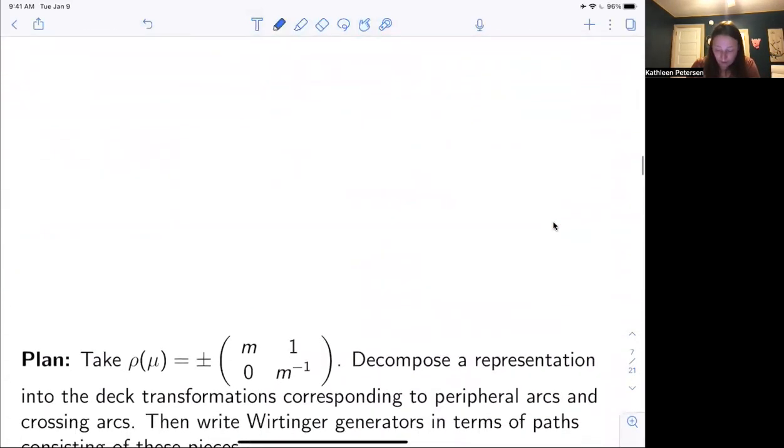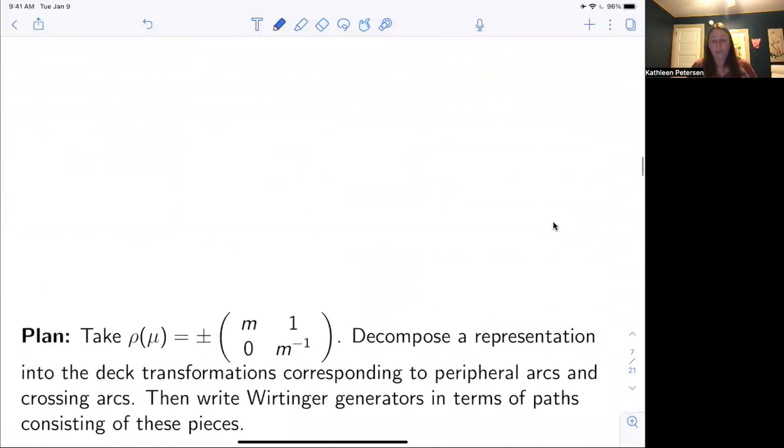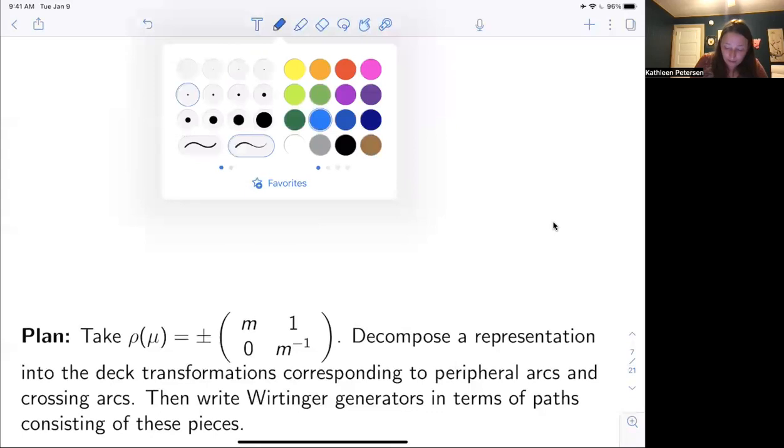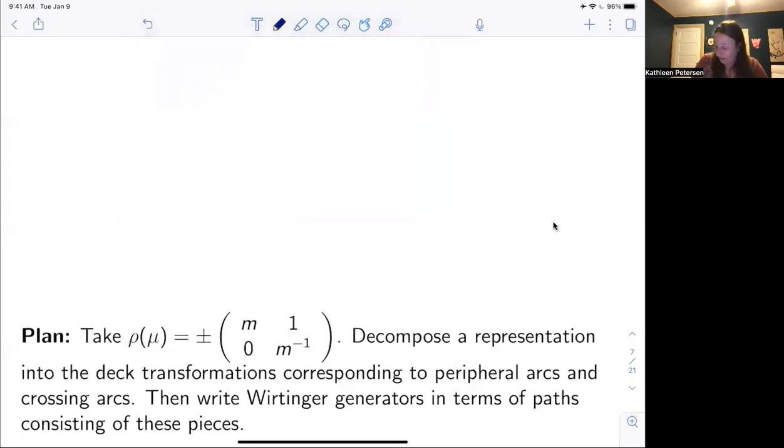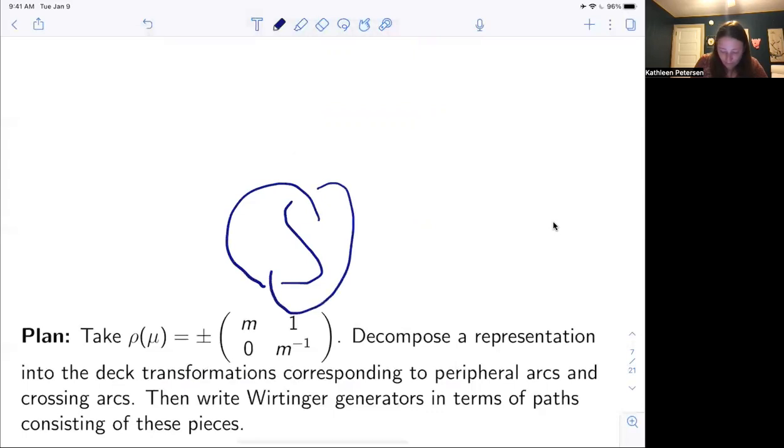Okay, so here's our plan. And again, I'm going to attempt to draw lucky old figure 8. So given our knot complement, that might even be worse than before.